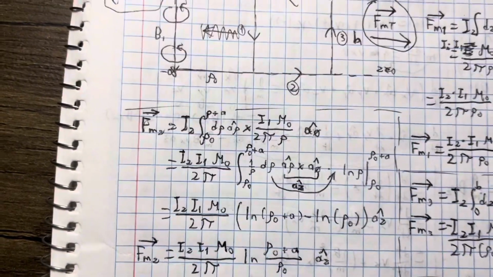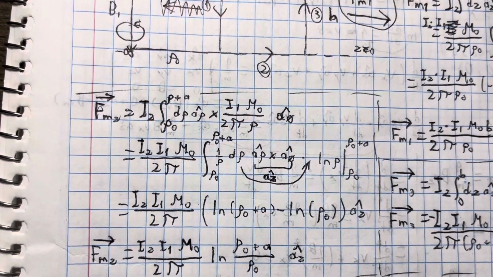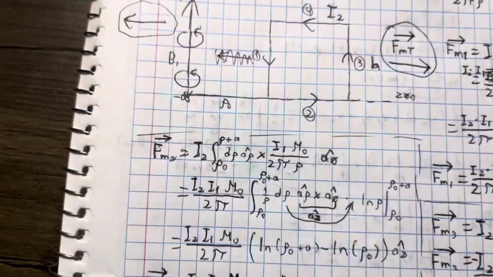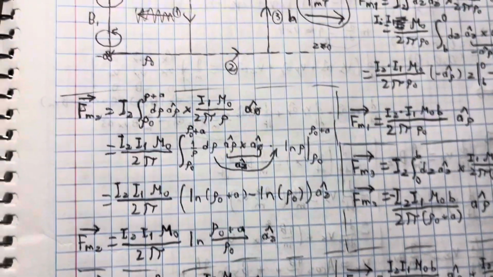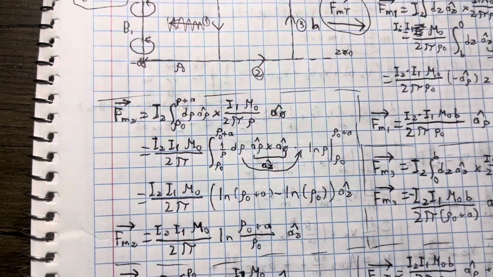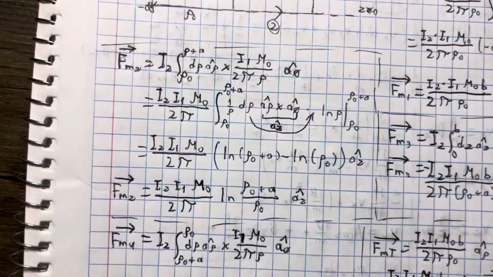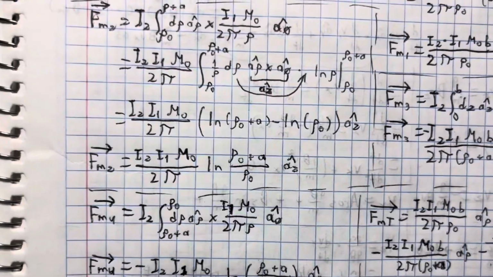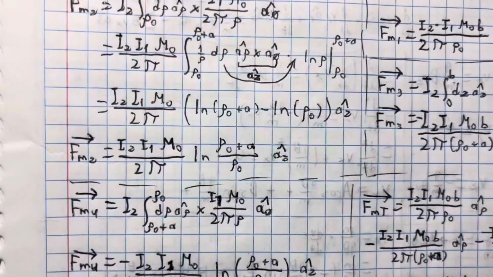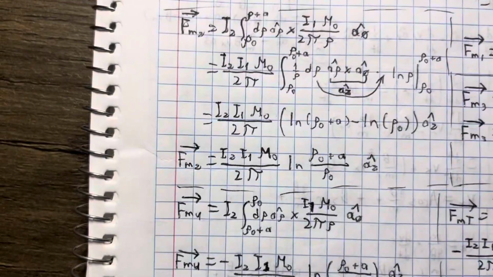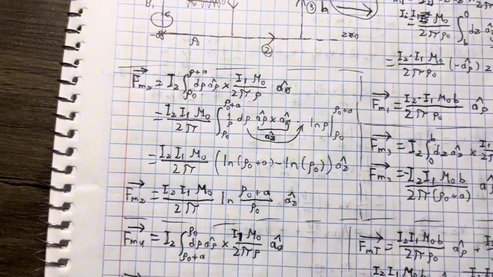We perform the integral and also the cross product between the vectors, which will give us a positive z-axis because it's a positive rho vector crossing the positive phi vector. When performing the integral, we will get the natural logarithm of rho plus the width over rho in the positive z-axis, and the constants outside, of course. Okay, and that's for the force in segment number 2.